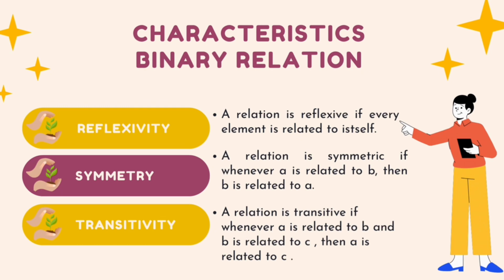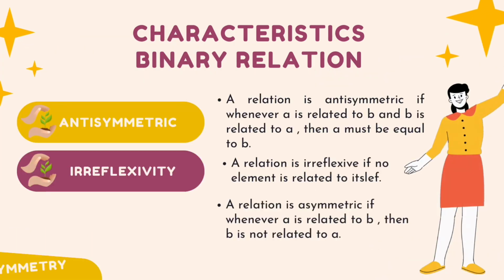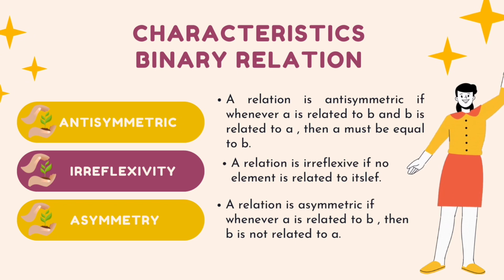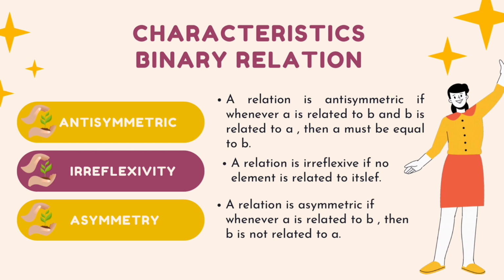A relation is transitive if whenever A is related to B and B is related to C, then A is related to C. Next is antisymmetry. A relation is antisymmetric if whenever A is related to B and B is related to A, then A must be equal to B.